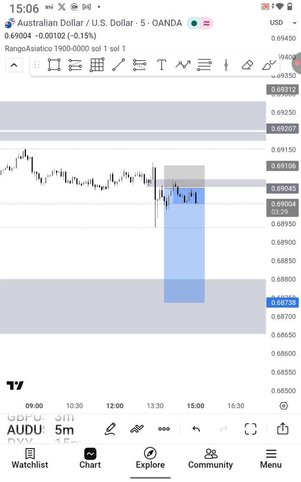Once you have done that, just use what I'm showing you: breaker blocks, and then timing. Do it at the right time. Don't go and be entering trades when banks have closed in that particular currency. Like me, I choose the London session, the busy hours of the London session and the busy hours of the New York session. My trades will not take time to play out.